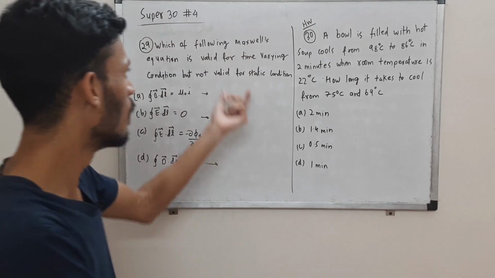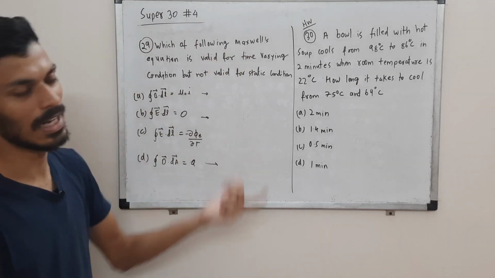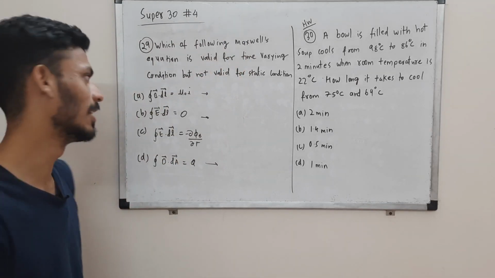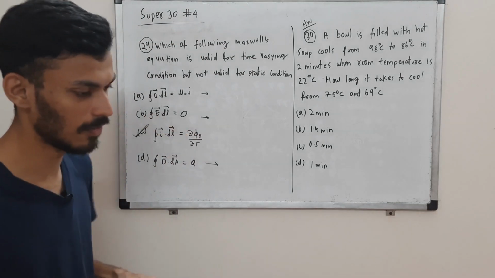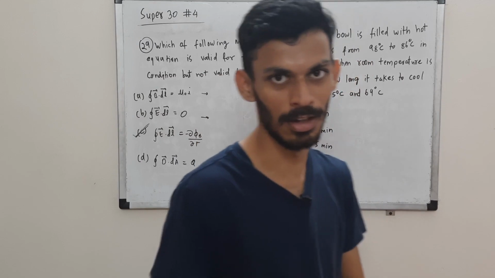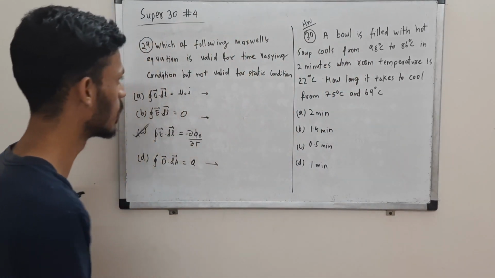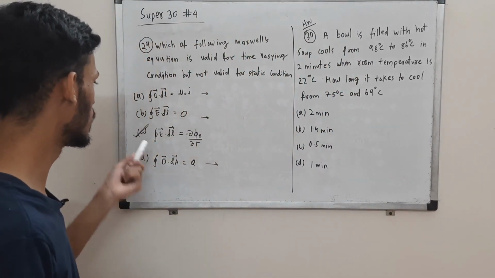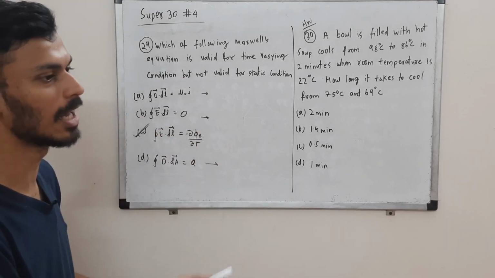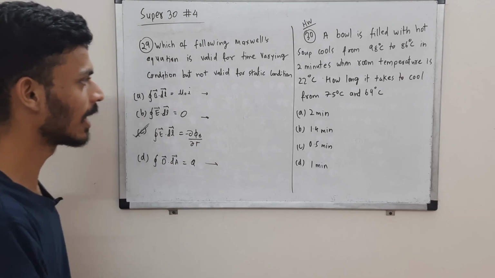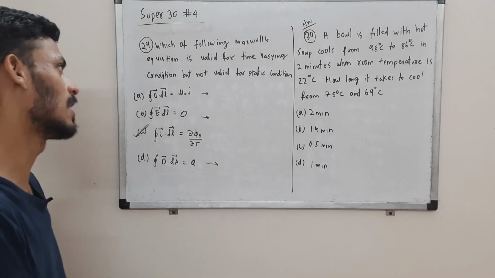So it is valid for time varying case, but in case of static conditions, it will not be valid, because there is no variation. So you cannot define the change of flux with time, because there is no variation. So Faraday's law is valid in case of time varying case, but not valid for static conditions.